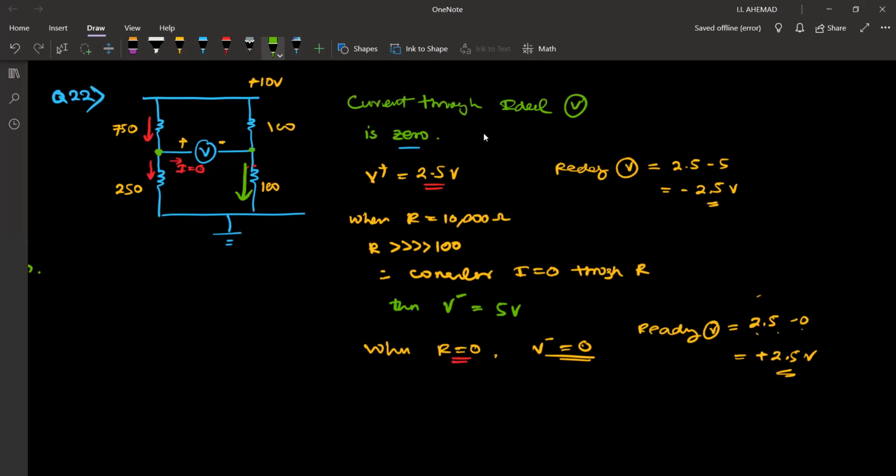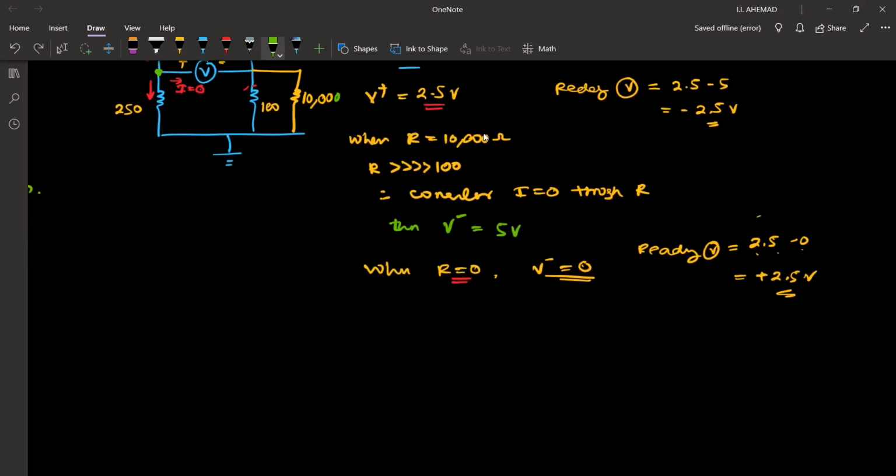Okay. Clear? So the reading goes from 2.5 to minus 2.5. Sarah, Shahama, and Saja, clear?